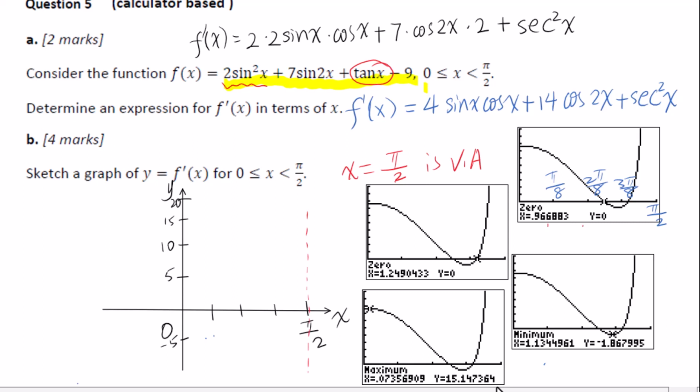The other is between 3 pi over 8 and pi over 2, but very close to 3 pi over 8. These two are x-intercepts. The minimum value is close to 3 pi over 8, and y is negative 1.87.